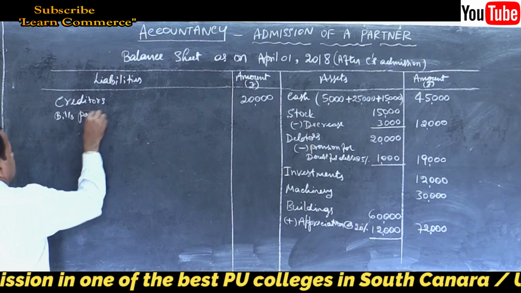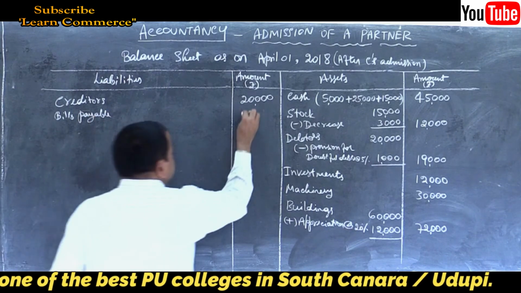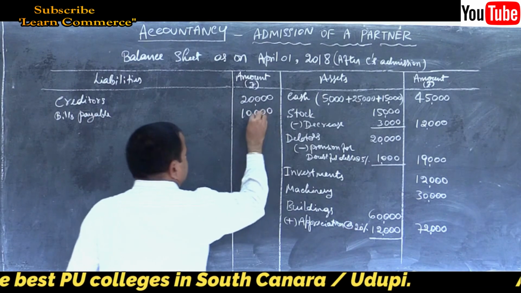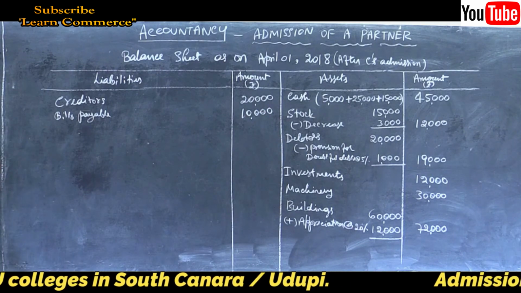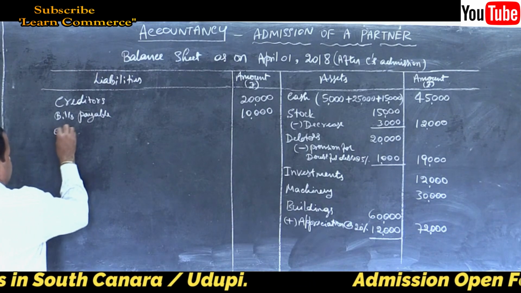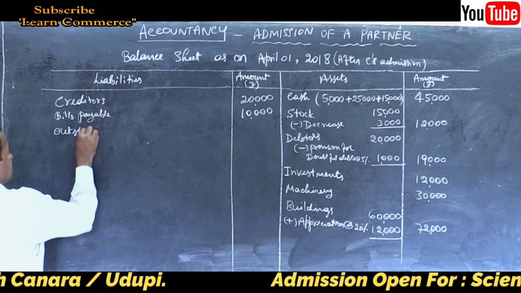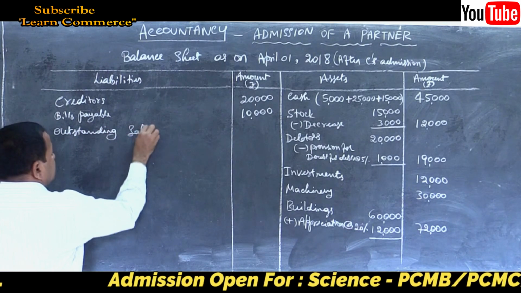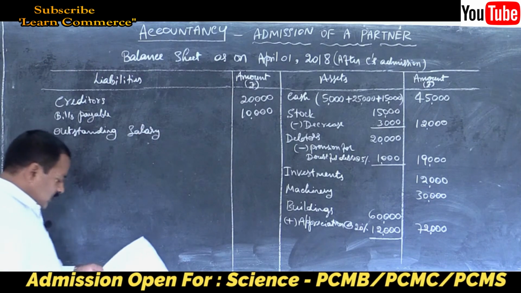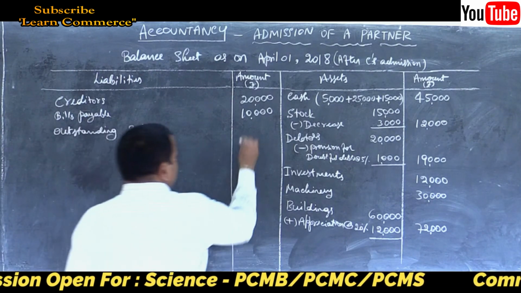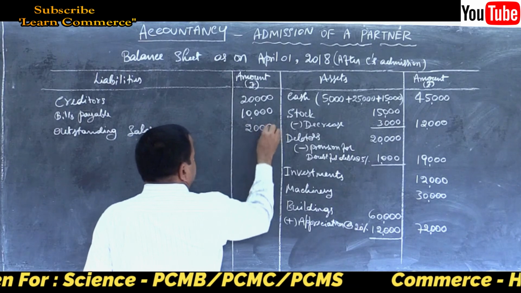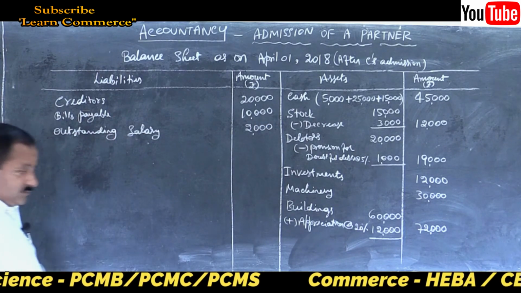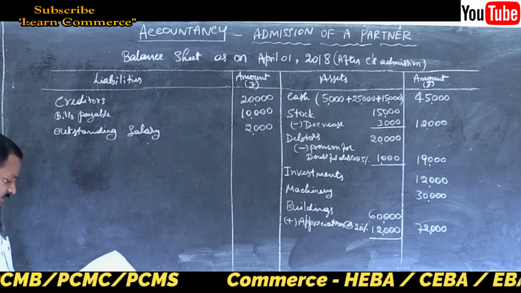Then one more expense is there, outstanding salary. How much? 2,000 as it is, no change. That's all, no other things.